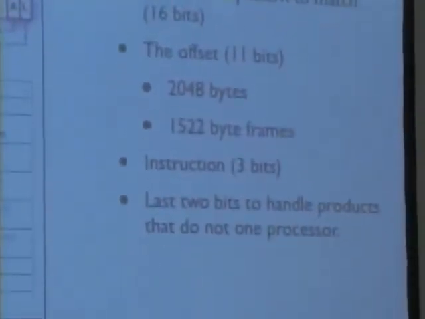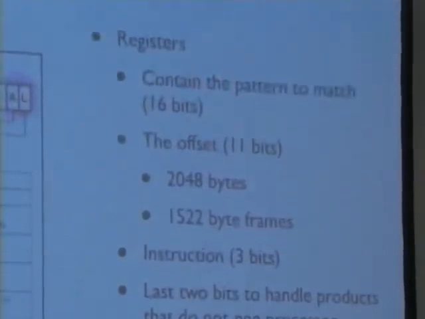That means that I have, in theory, the option to look all the way through all the bits of a 1522 byte frame. Of course, I need to tell the machine what it needs to do, and that's our 3 bits. And then there are some last bits to handle products that are larger than 16 bits.